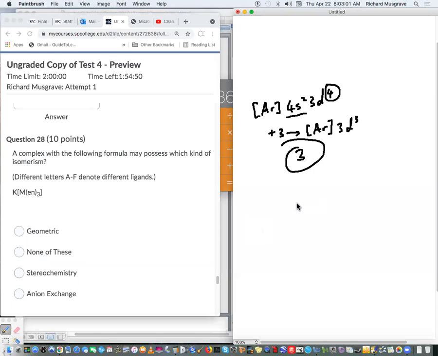The way that I would look at it is I handle it like a flow chart. The first thing I would do is ask the question, is anion exchange possible? Anion exchange is possible if there's an anion on the outside and an anion as one of the ligands.